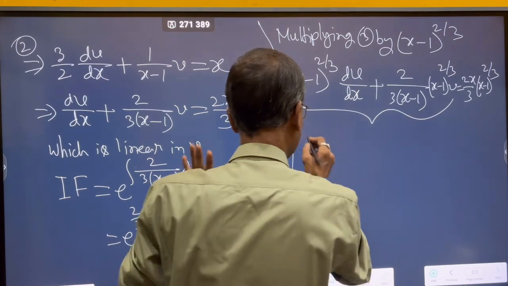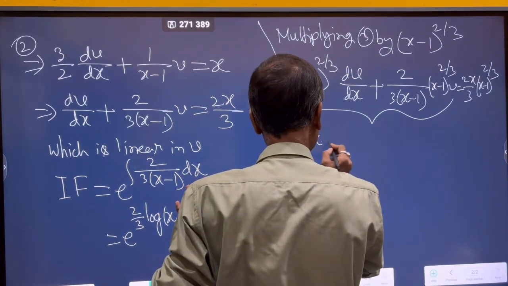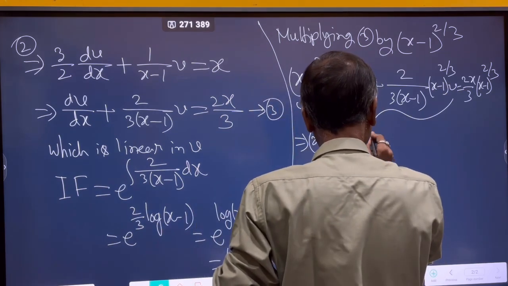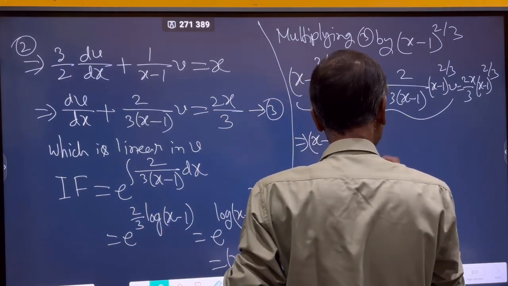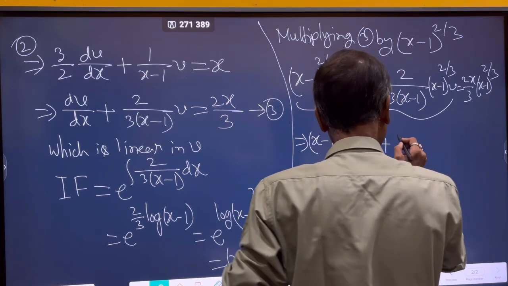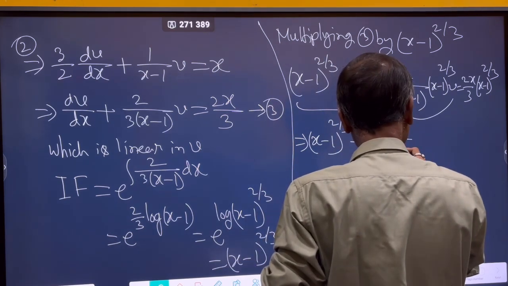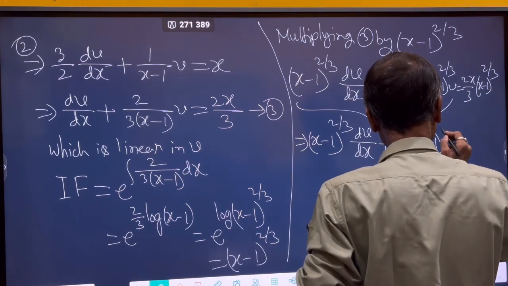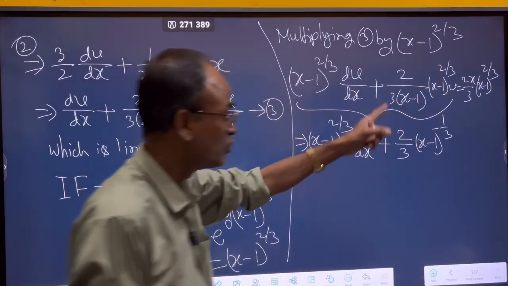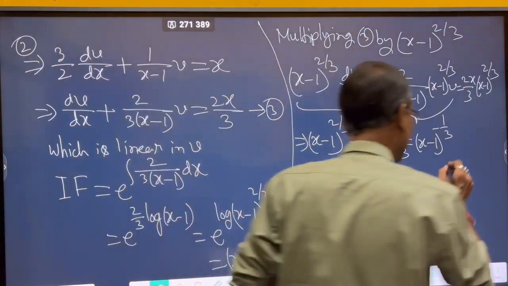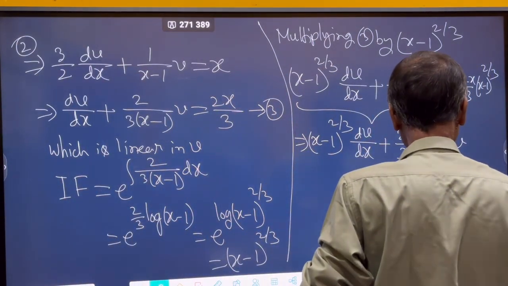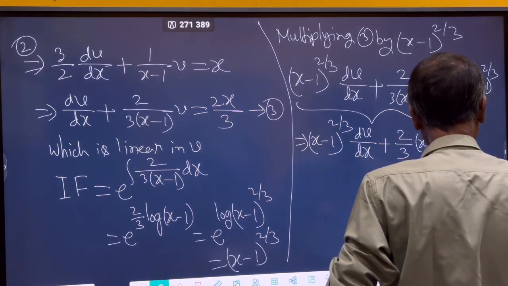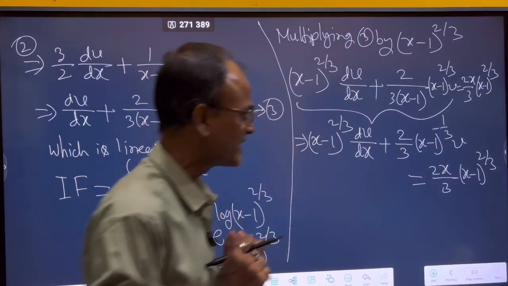This term can also be written as x minus 1 whole to the power 2 by 3 dv by dx plus 2 by 3 x minus 1 whole to the power minus 1 by 3, since 2 by 3 minus 1 by 3 makes that, into v, is equal to twice x by 3 x minus 1 whole to the power 2 by 3.